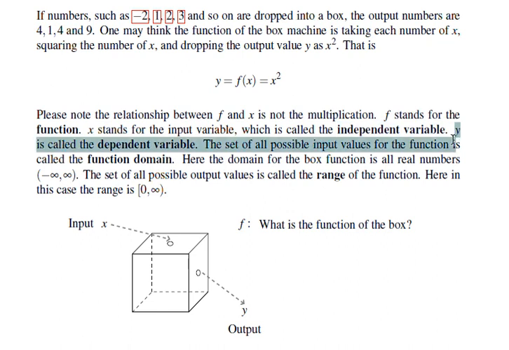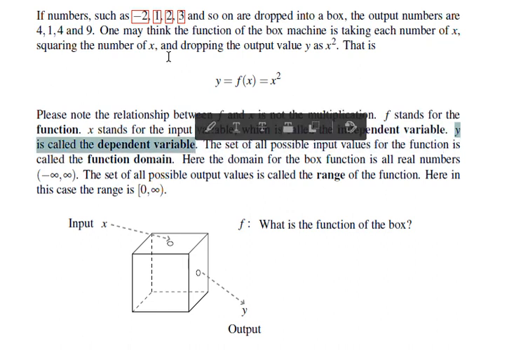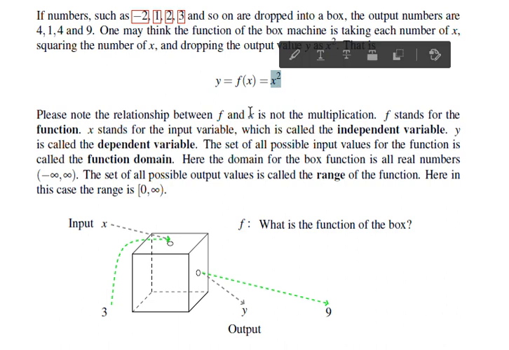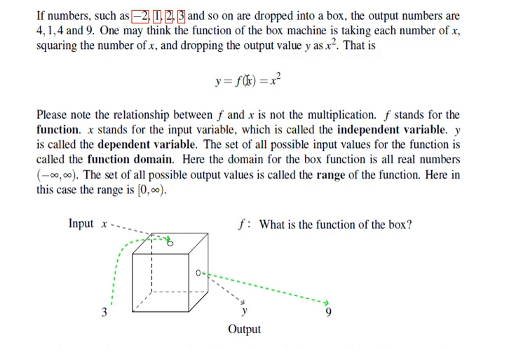But y depends on the x, for input value is different. If you plug in 3 here, you have 3 squared, which is 9. If you replace this x with -2, -2 squared is 4. Okay, that's how it goes.